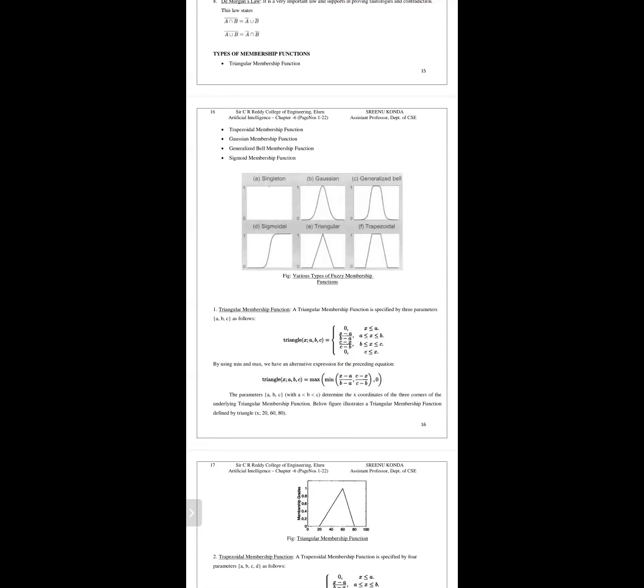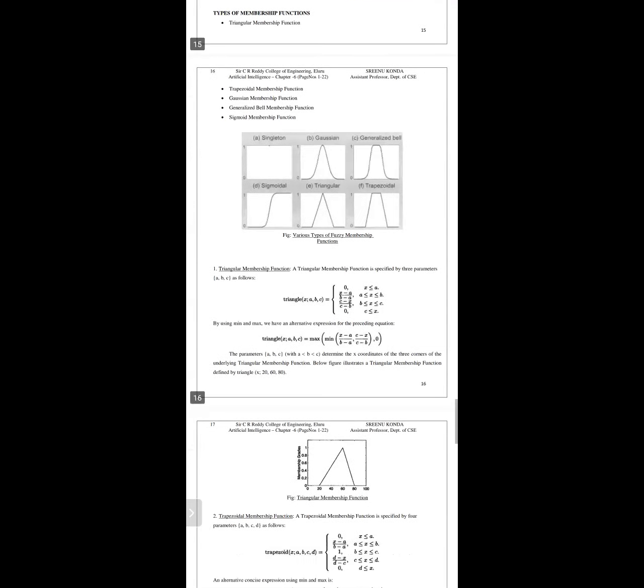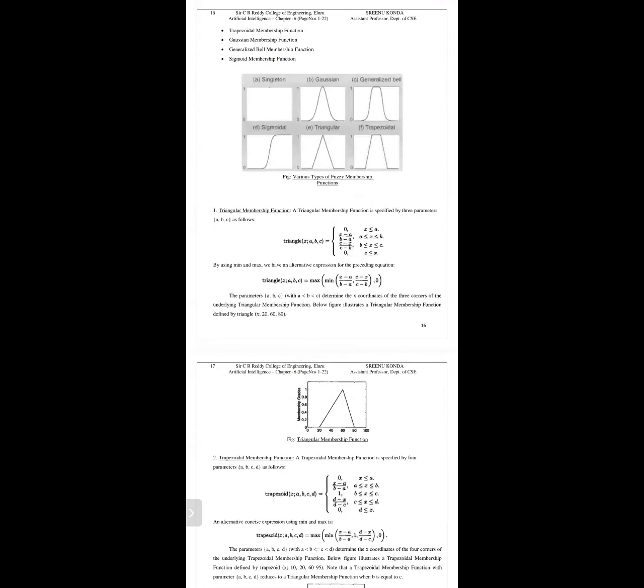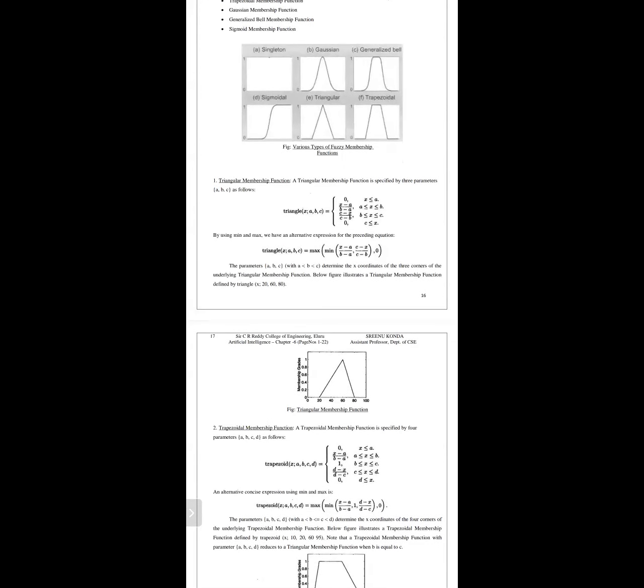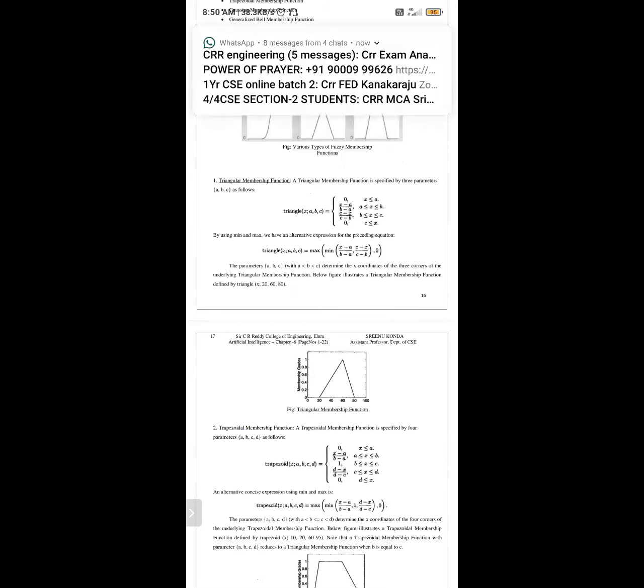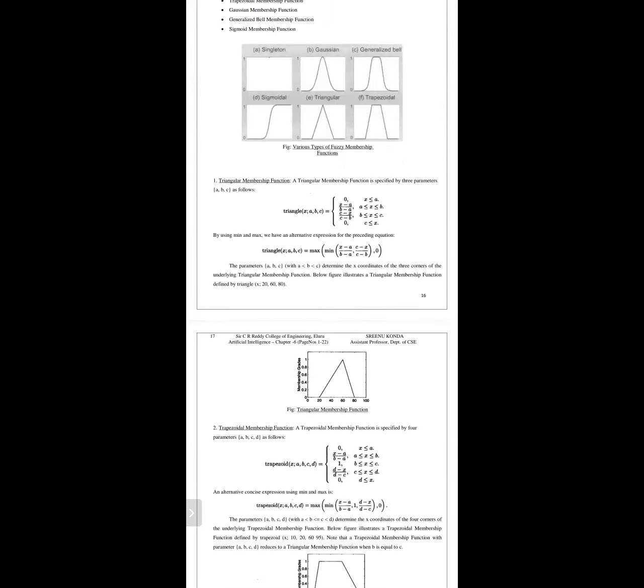Right? So coming to the first one, that is the triangular membership function. This is the formula for the triangular membership function. It has three parameters, a, b, c, which are defined as follows. The triangle of x, a, b, c equals 0 when x is less than or equal to a.